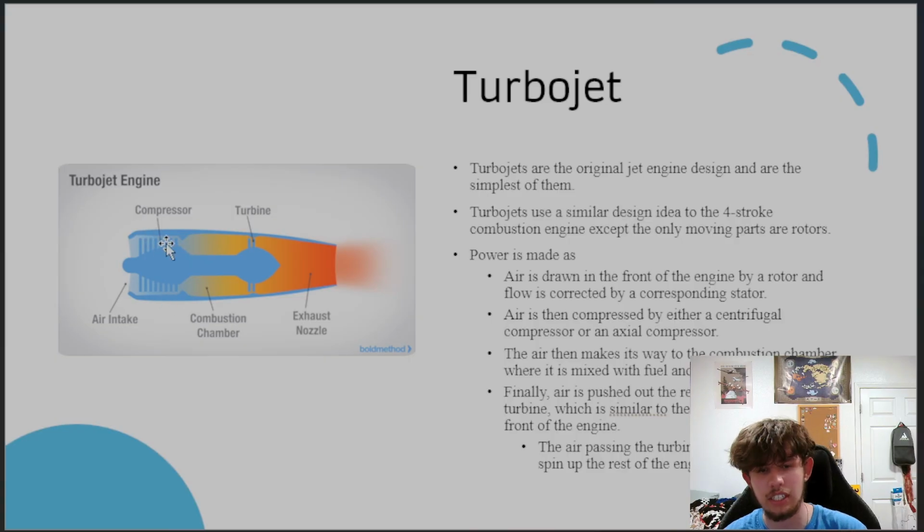The compressor seen in this one is called an axial flow compressor, where it's made up of a set of rotors and stators. The compressed air is then passed into the combustion chamber, and then past the turbine fans, which are another similar set of rotors and stators, out the exhaust nozzle at the end of the engine, which produces that thrust.